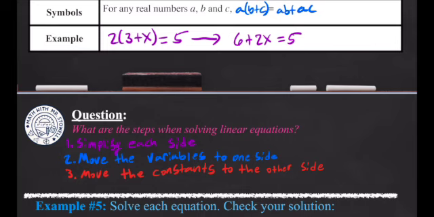Part 4 is we are going to isolate the variable. Because at this point, we would only have one variable instead of there being multiple. Then the last step, step 5, we are going to check our solution.